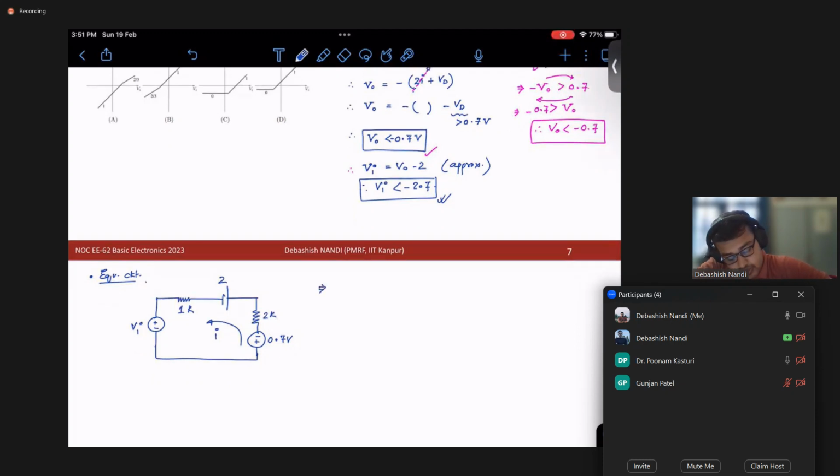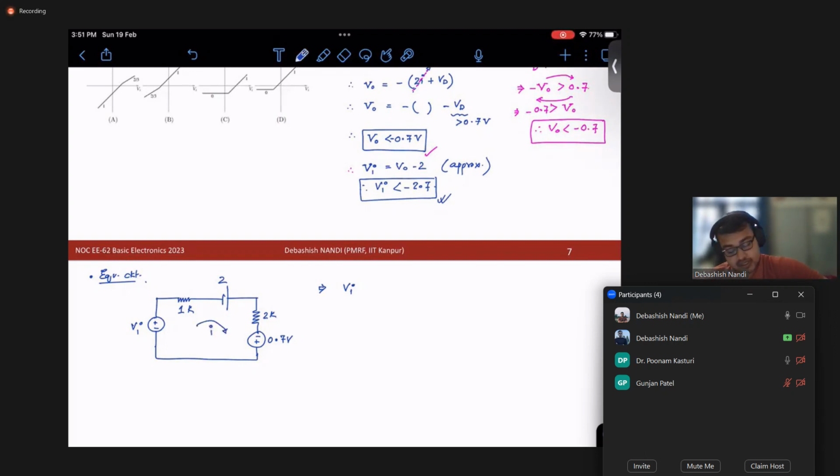So if you do the nodal analysis again, it becomes Vi plus I. Let's take the current in the opposite direction, it doesn't matter actually, but it will be easier.